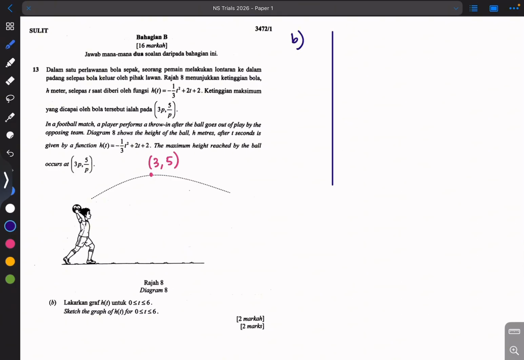So on our Cartesian plane, 0 would be here, 6 let's say here. We know the vertex is (3, 5). Now what we need to do is, when x is 0, find the value of y.